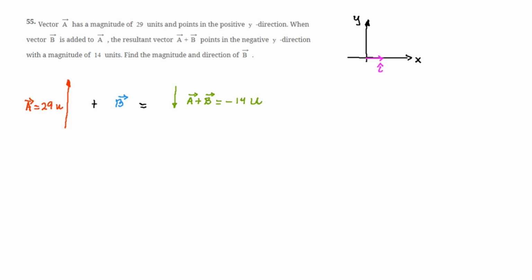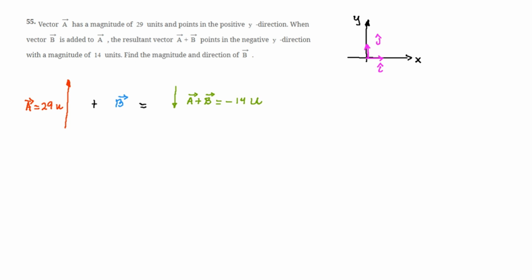And we have another univector, univector j, in the direction of the positive y-axis. Univectors are vectors of magnitude 1. So the only purpose of the univector is to define direction. The univector doesn't change the magnitude of a given vector; it just offers a direction to a vector that we want to represent.